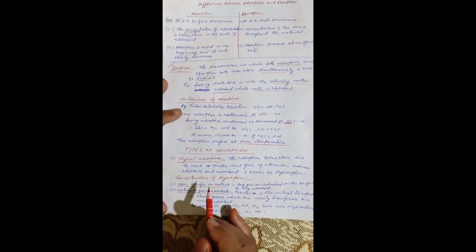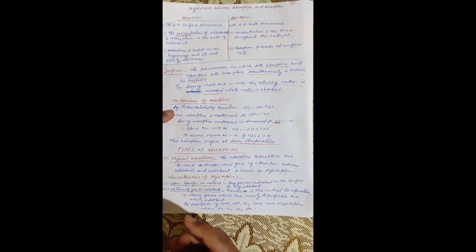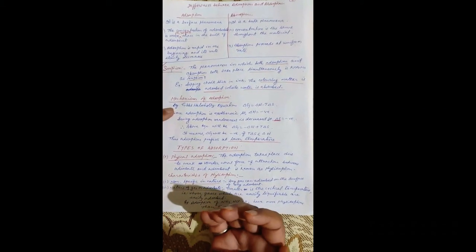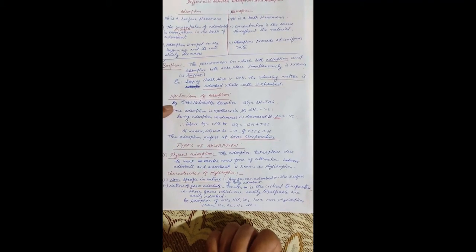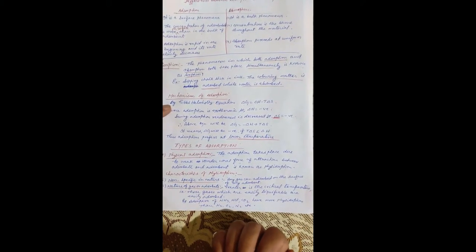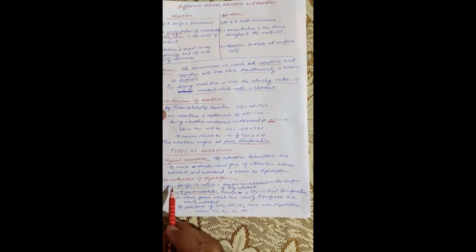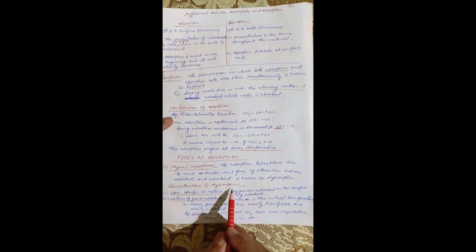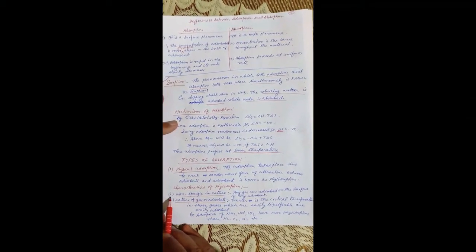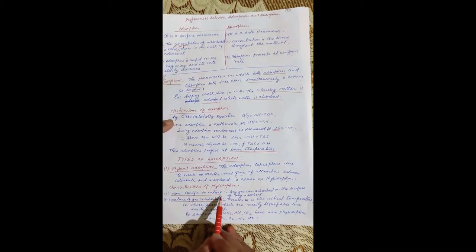Now come to the characteristics of physisorption. In the CBSE board, two types of questions are asked. One is write some characteristics of physisorption, or write characteristics of chemisorption, or what are the differences between physisorption and chemisorption. So focus here. Characteristics of physisorption. Point 1 is it is non-specific in nature.